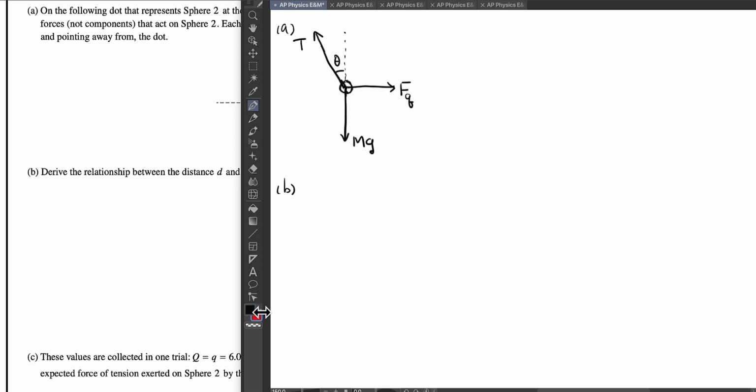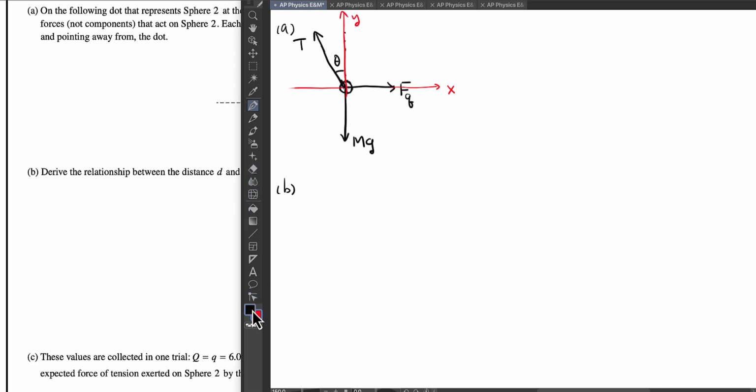So if we build a coordinate system such that the horizontal direction is the x-axis and the vertical direction is the y-axis, then we can write down the equilibrium condition for both directions.